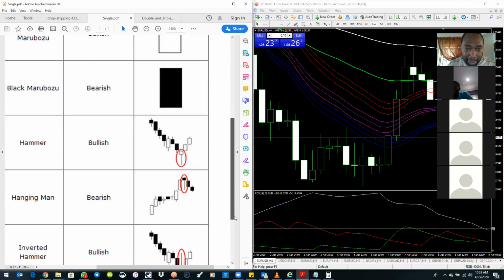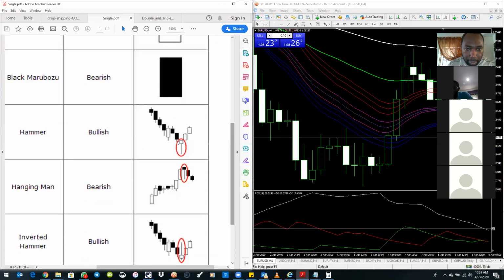Can you see the hammer here? It is when the opening price and the close price are almost the same. Not always will it open and close at the same price, but it's almost the same. And then you have a long wick, meaning that there was a lot of activity on that candle, but it could not continue in the direction of the trend.